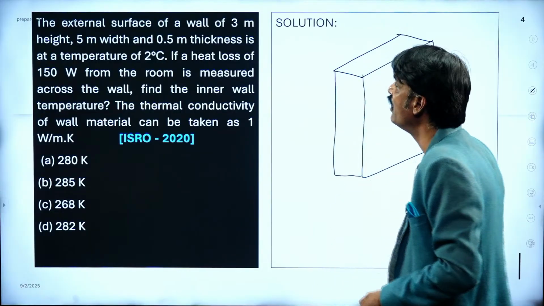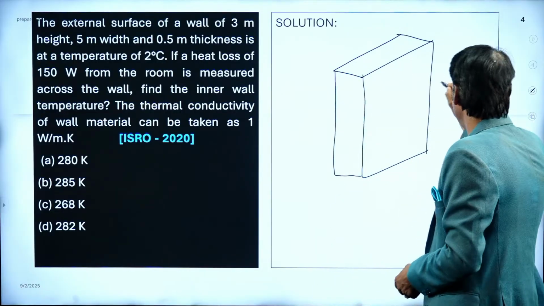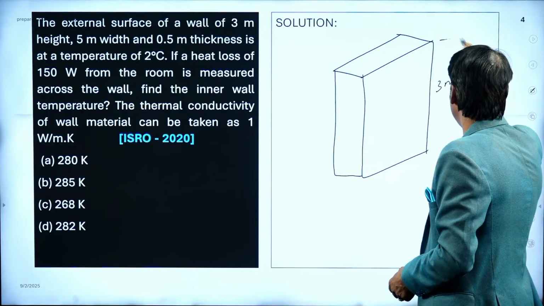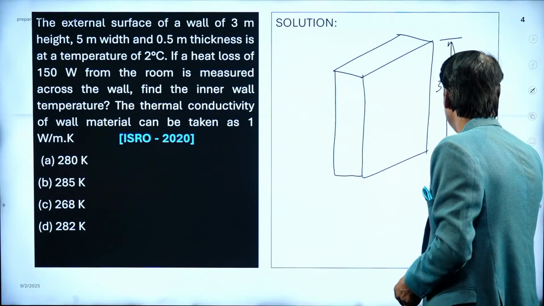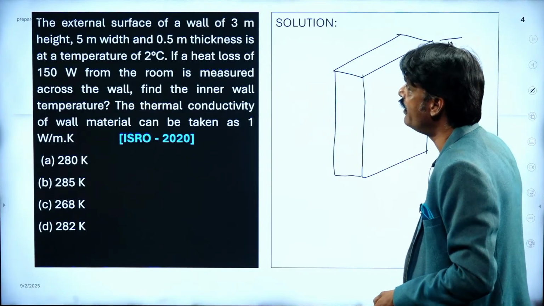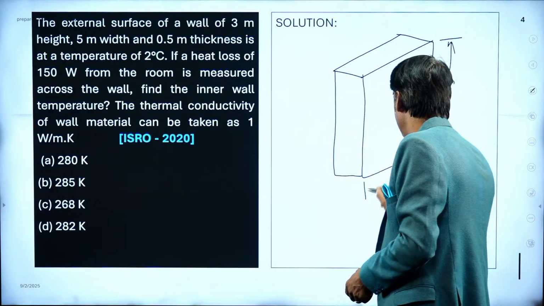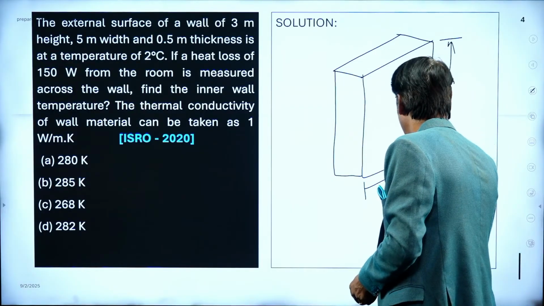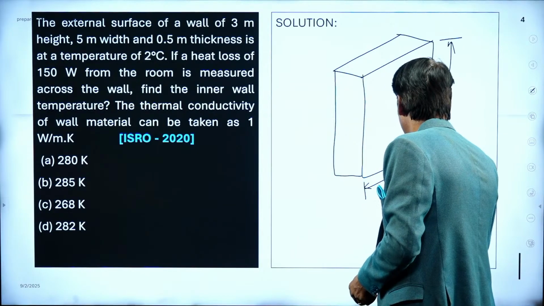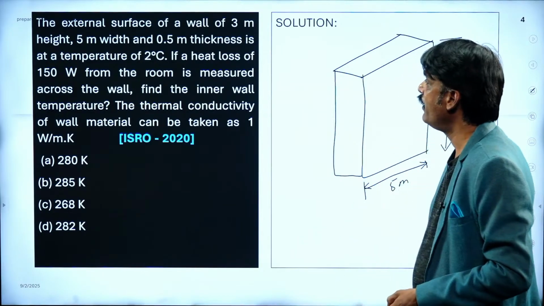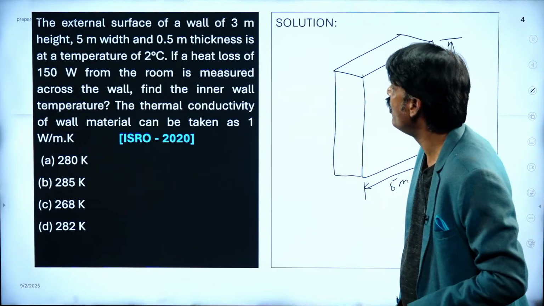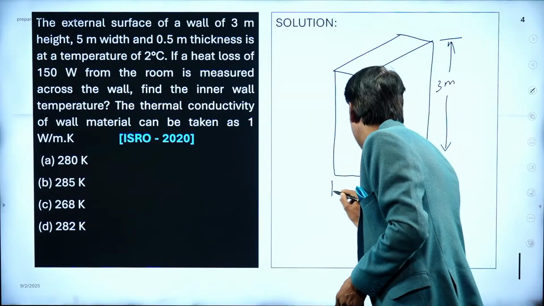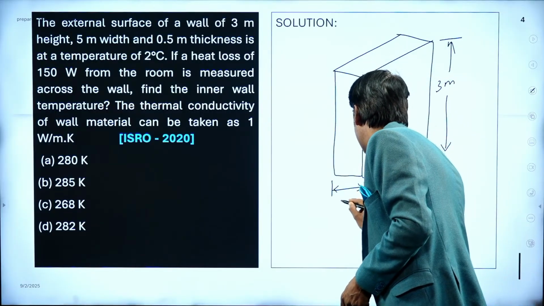Its height is 3 meters, and then 5 meters is the width, and a thickness of 0.5 meters.